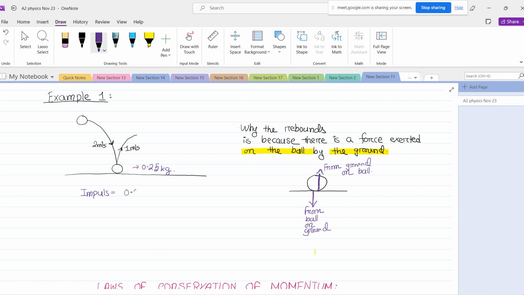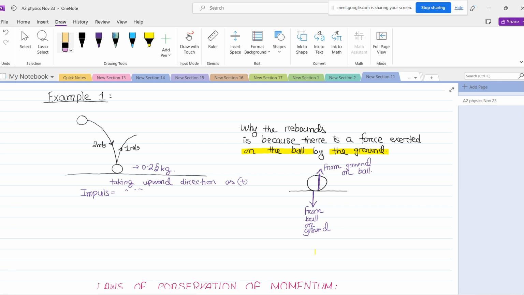As there are two directions involved, upward and downward, we are going to take upward direction as positive. So what will you get?